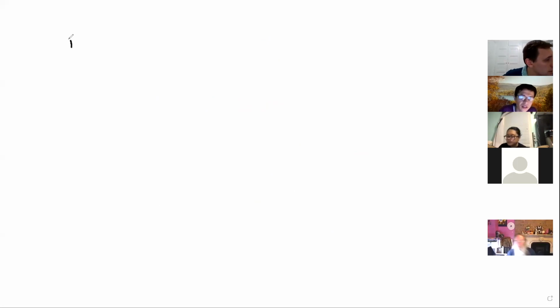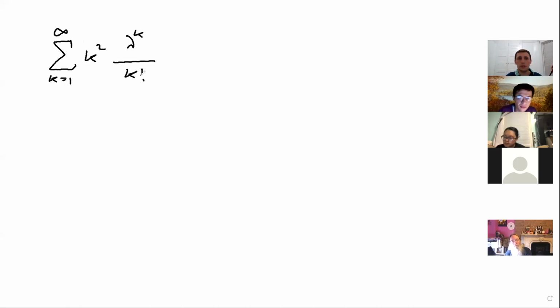So we are interested in the summation, yes? So k from 1 to infinity, k squared lambda to the k over k factorial, yes? Now, what can I do first? I can take the lambda and factor it out.